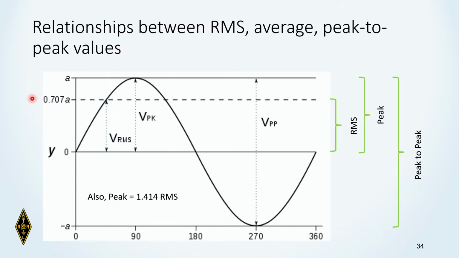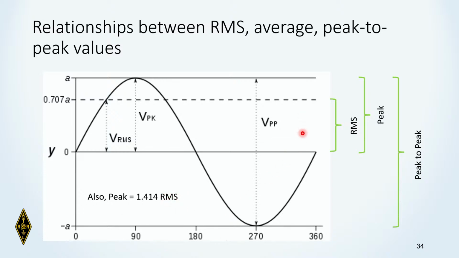If you multiply that 10 volts times 1.414, you will be at the peak value of that voltage. Turns out that 1.414 is the reciprocal of 0.707. And for those of you who might want to know, 1.414 also happens to be the square root of 2. So there's a piece of trivia that you can use at your next dinner party.